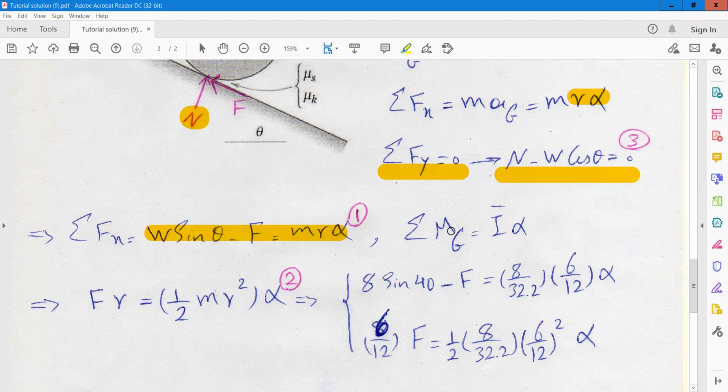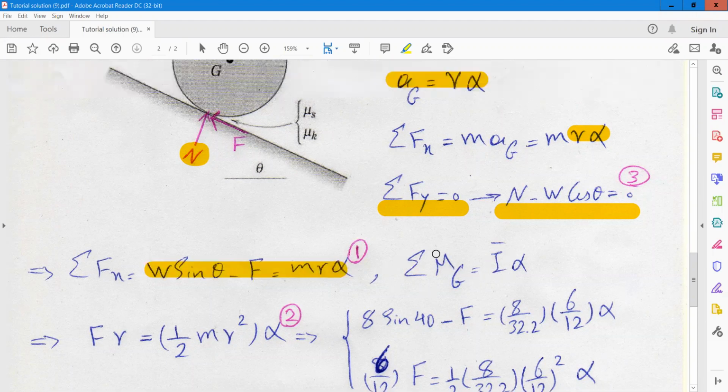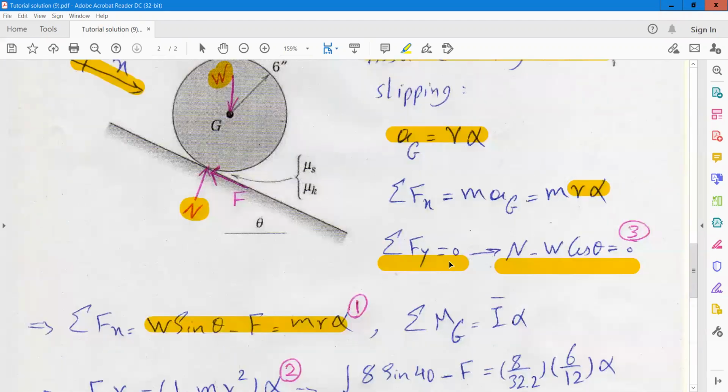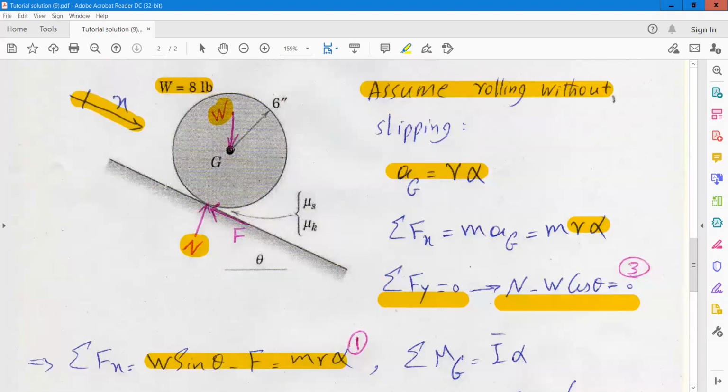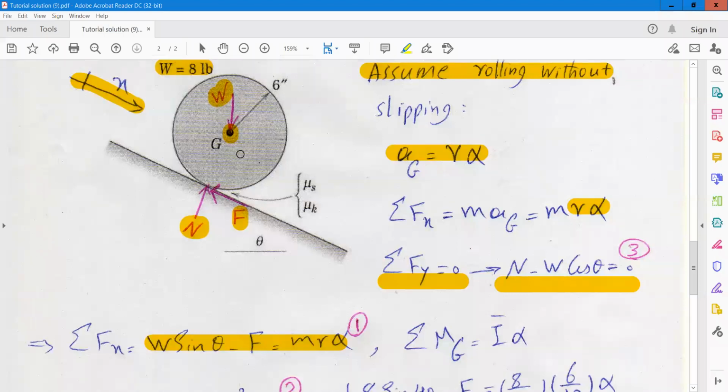The second equation can be obtained from the moment equation about the mass center. If you write the moment equation about this point, the mass center, only the force F, which is the friction, will create moment about point G, because W is exactly on this point, so it doesn't have any moment, and the force N will pass through this point, so there is no moment due to the normal reaction.